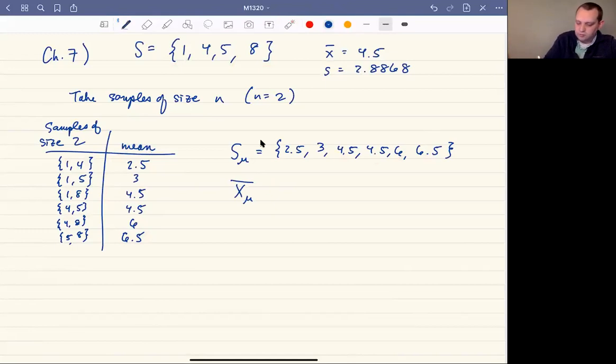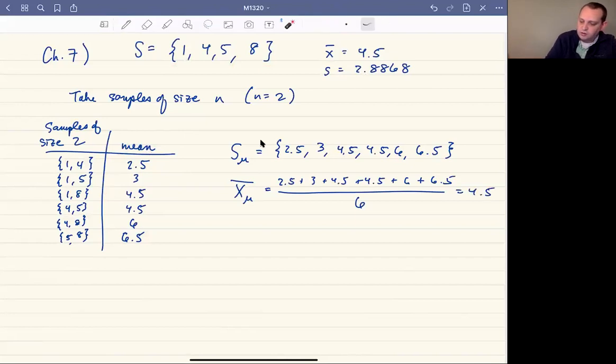If we take 2.5 plus 3 plus 4.5 plus 4.5 plus 6 plus 6.5, and divide by the 6 items, what we get is the mean of the original data set, which is 4.5. We're always going to get that 4.5 value there.